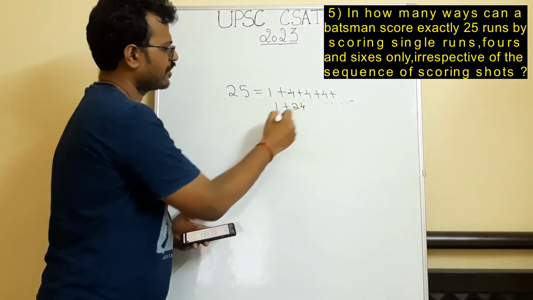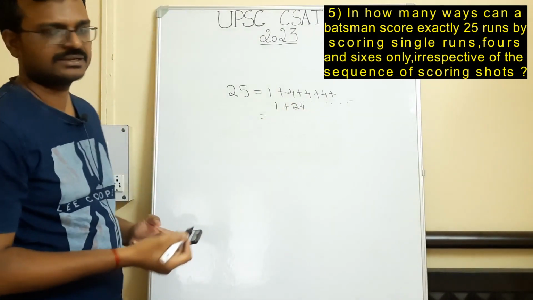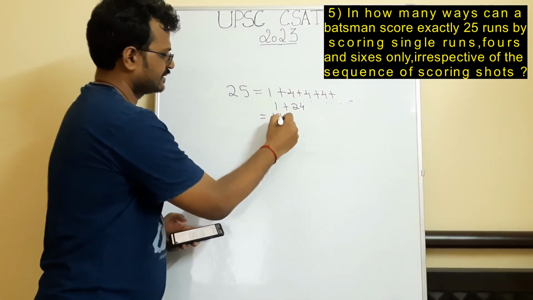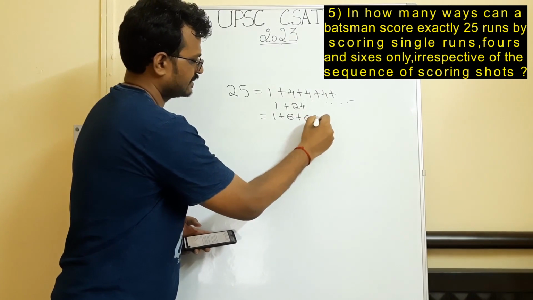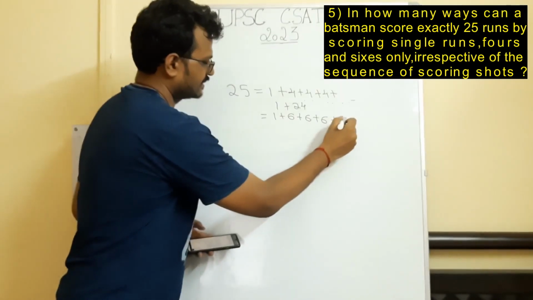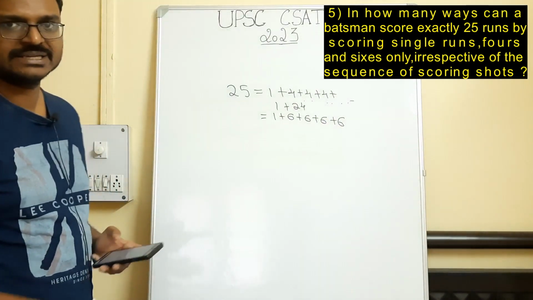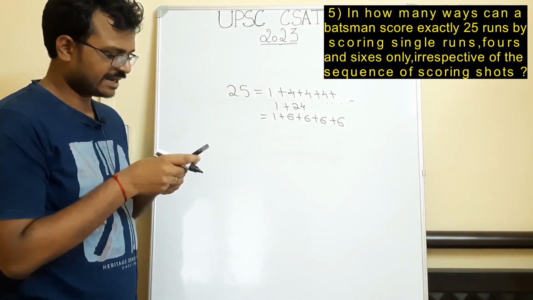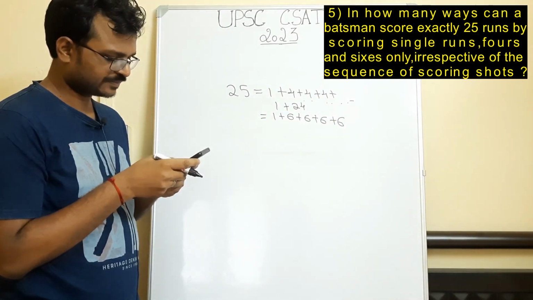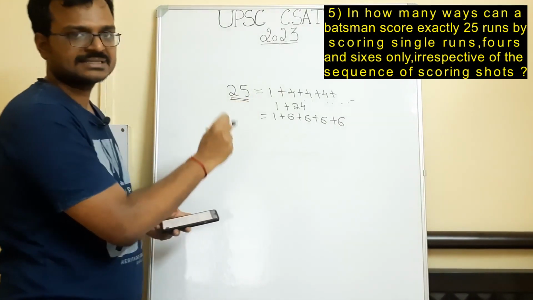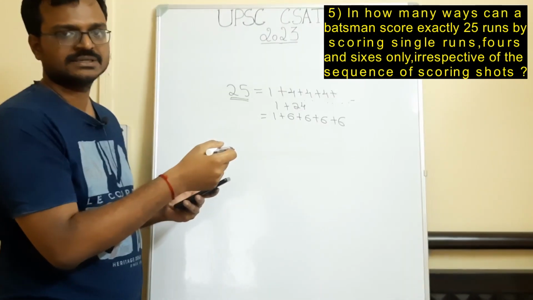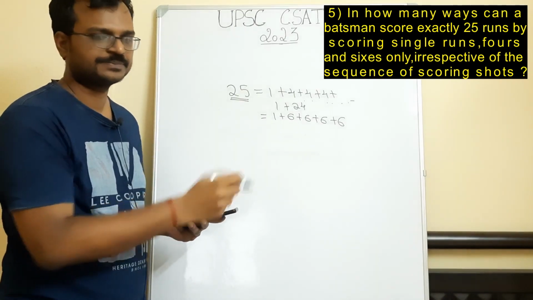Or instead you can have something like 1 plus 6 plus 6 plus 6 plus 6. It can be any combination. So they are asking us in how many ways can we arrive at 25 as a summation of 1, 4 and 6, and these numbers can repeat.